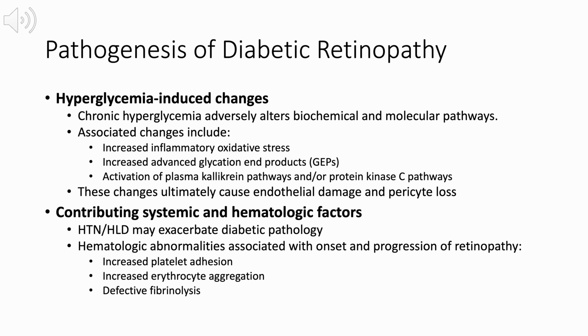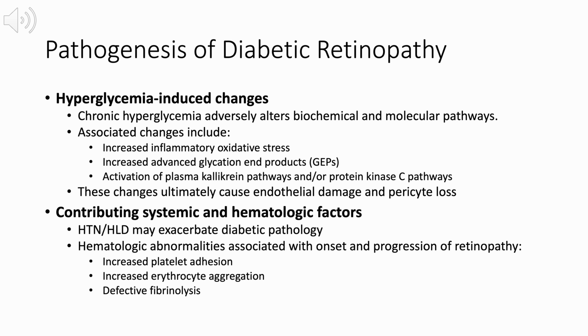There is increased inflammatory oxidative stress, there is an increase in advanced glycation end products, the irreversible modifications that occur when excess glucose reacts with proteins over time, and there is activation of the plasma kallikrein pathways and the protein kinase C pathways. Each of these operates through somewhat different chemistry, but they converge on the same final destination.